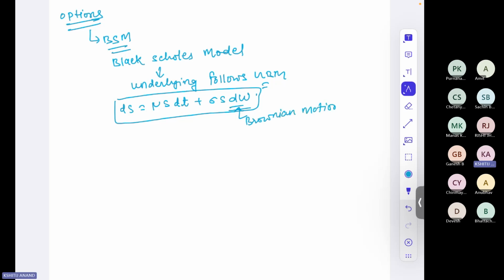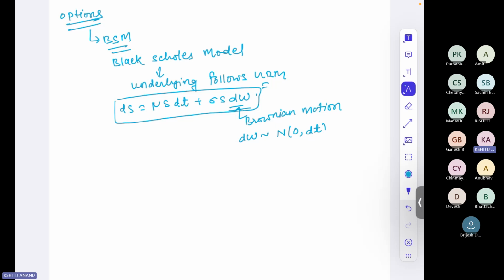So this dW is, you can understand, a normal distribution with a mean of 0 and a variance of dt. Okay, got it? Any doubt?